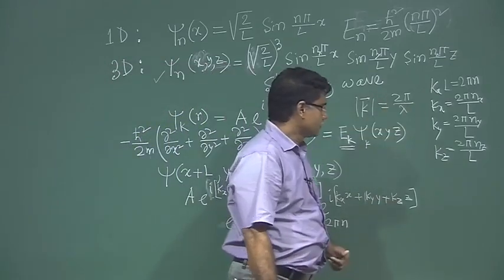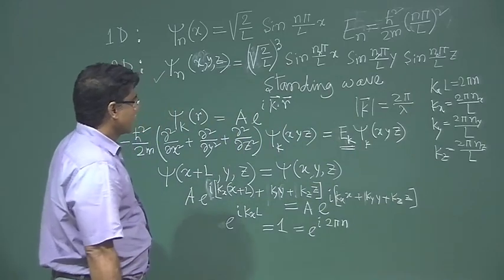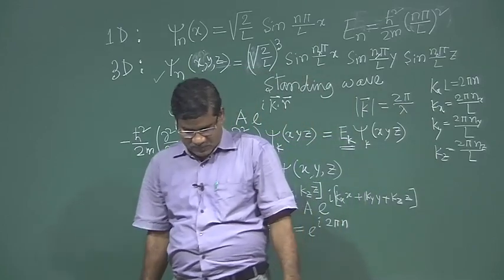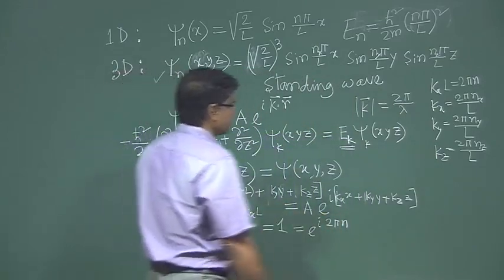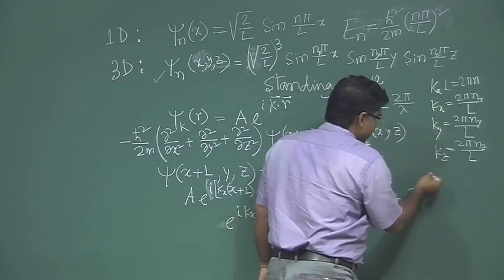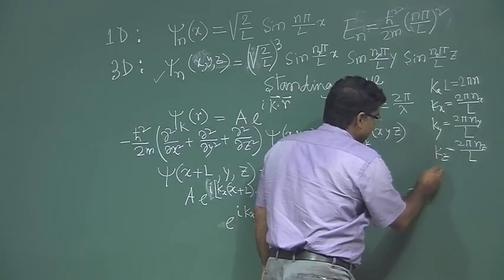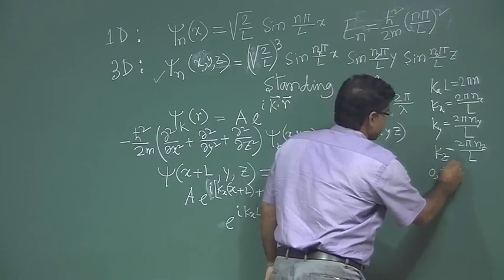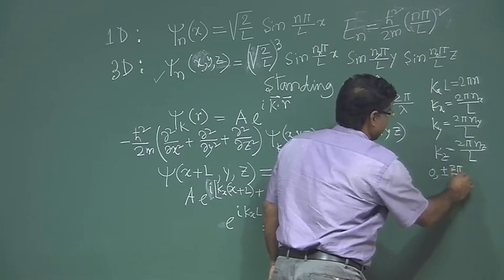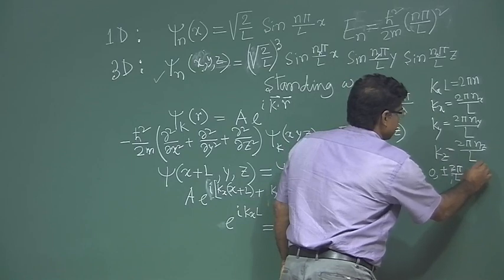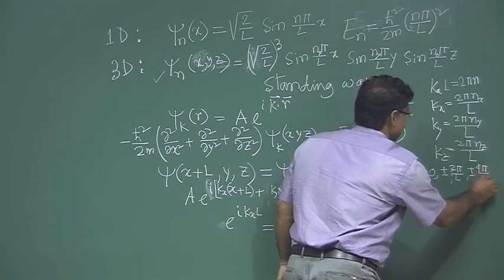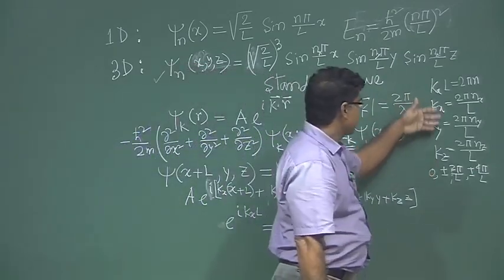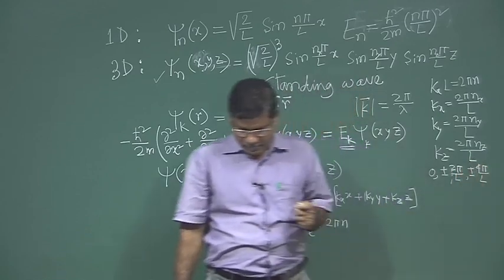So, k_x, k_y, k_z, they can vary, all three, they can take value 0, plus minus 2 pi by L, plus minus 4 pi by L, right. So, that is the k_x, k_y, k_z, they can vary like this.